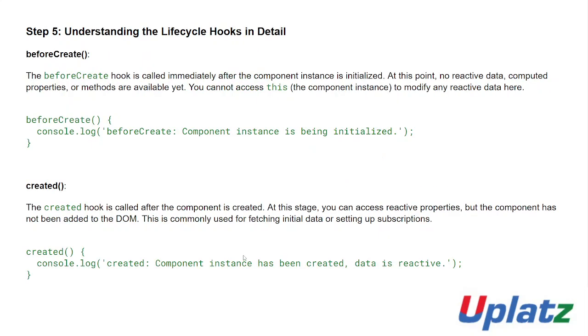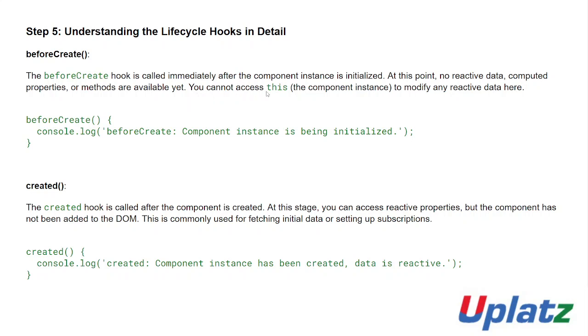Next, understanding the lifecycle hooks in detail. Before create hook is called immediately after the component instance is initiated. At this point, no reactive data, computed properties or methods are available yet.